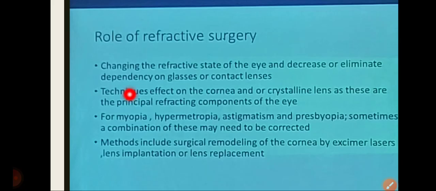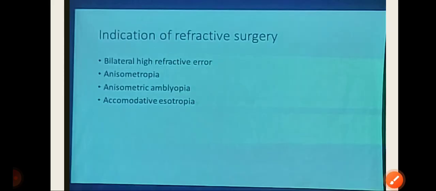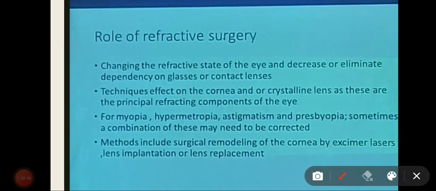Role of the refractive surgery. These come under the treatment for changing the refractive state of the eyes and decreasing the dependency on glasses or contact lenses. The techniques affect the cornea and or crystalline lens, as these are the principal refracting components of the eye.